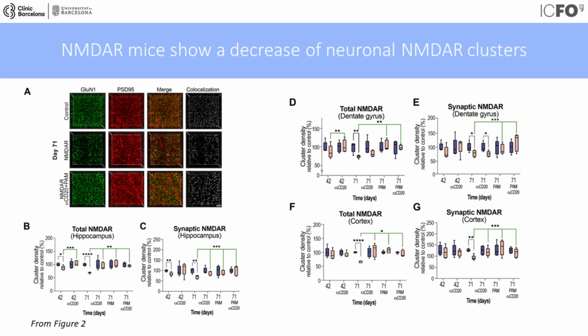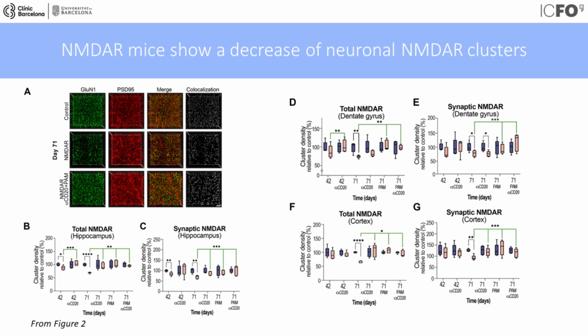We were interested in exploring whether these antibodies had any molecular effects, and by confocal microscopy we could demonstrate that NMDAR mice have a significant decrease of total and synaptic NMDAR density in the hippocampus and cortex. The allosteric modulator recovered NMDAR density in all areas.